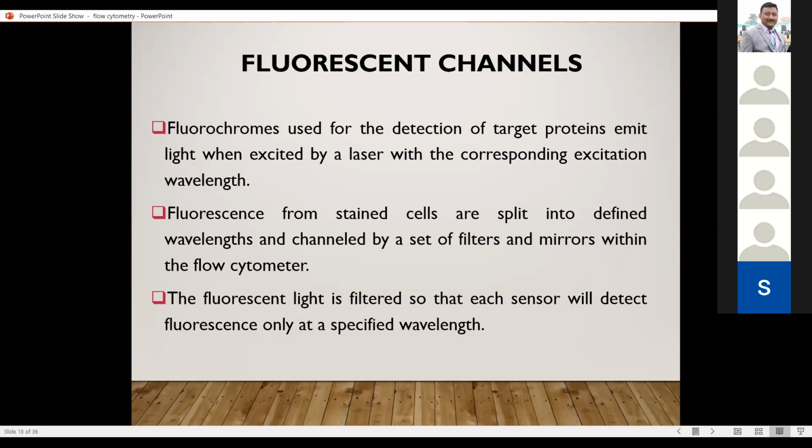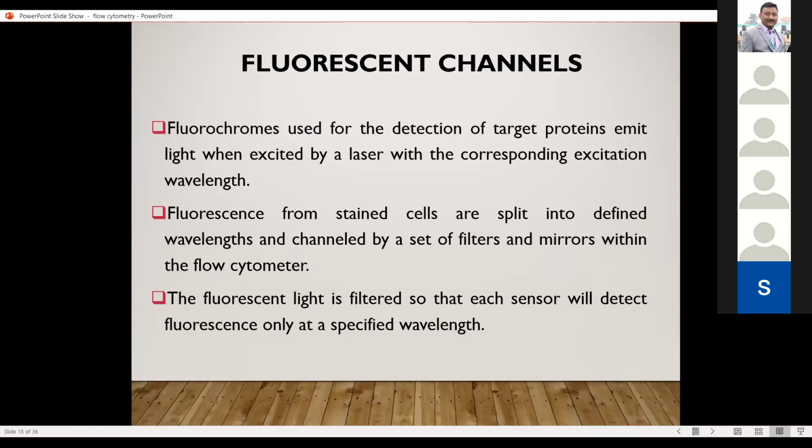So when we put laser light from our optics on these fluorescent tag antibody conjugated cells, then these fluorescent molecules get excited with the corresponding excitation wavelength. Each molecule has a particular excitation range and a particular emission range.